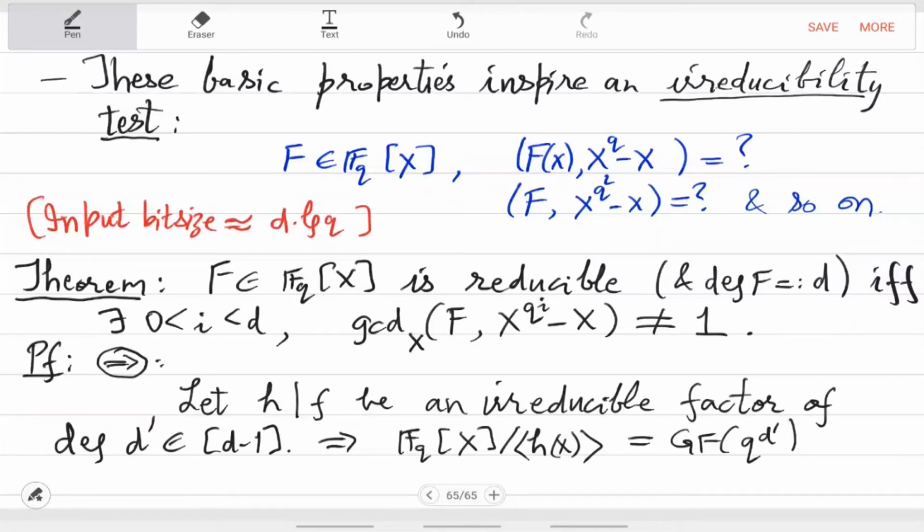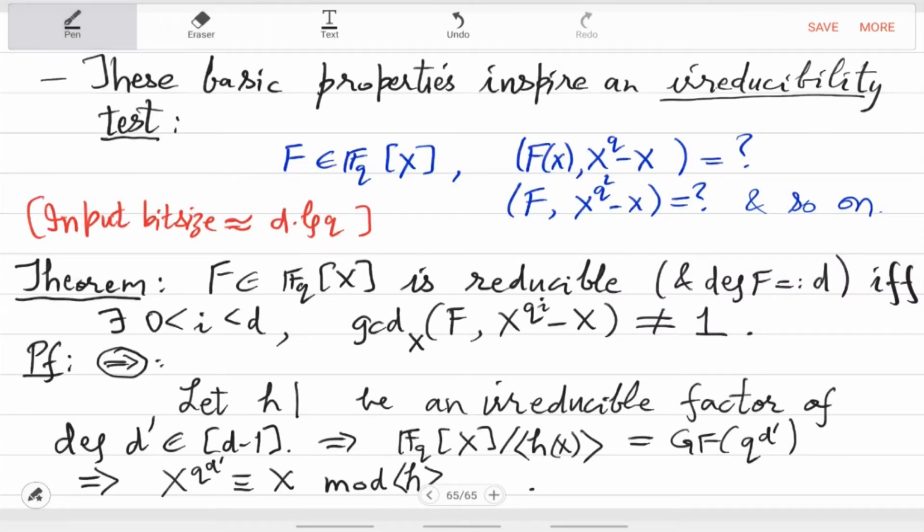So what you can say now is, now you use the FLT or Frobenius action identity. So that will give you x to the q d prime is the same as x mod h. Right, h will divide x to the q d prime minus x, in other words. So h divides this polynomial, and h also divides original F. Sorry, I should use capital F there.